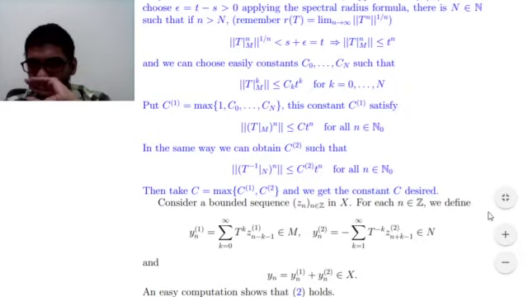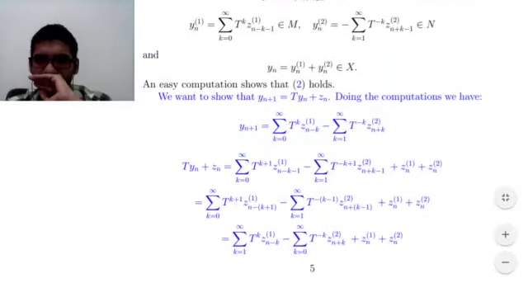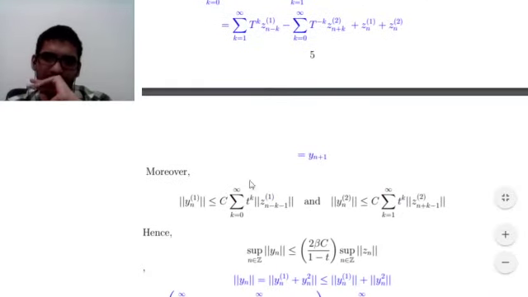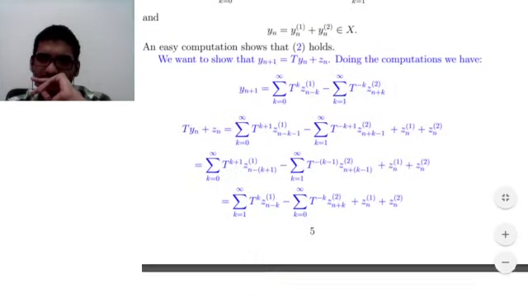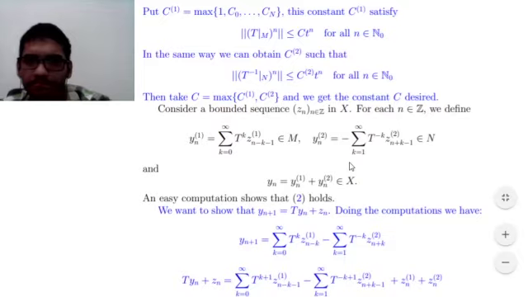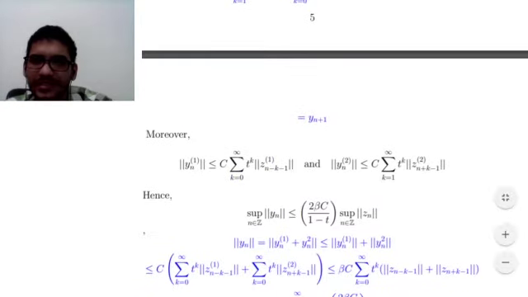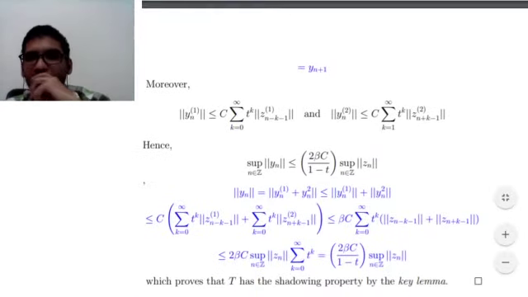Okay, that's why this happens. You have the c, tk, and the norm of the term. You can see again here, when you take the norm of this it will happen, and in the same way this will happen here. Okay, so you get these inequalities.